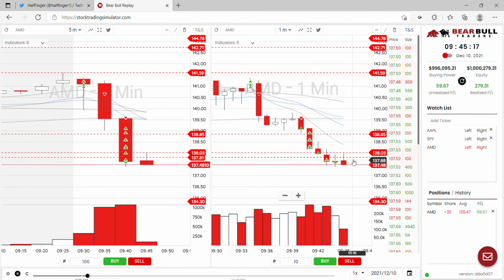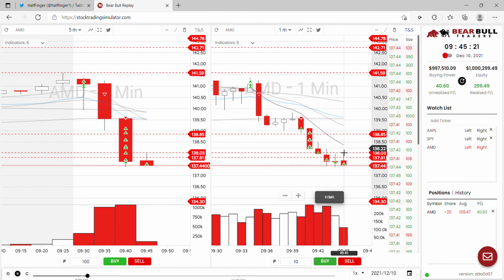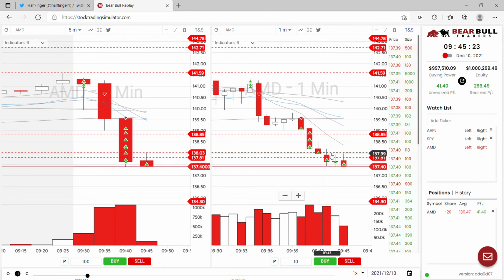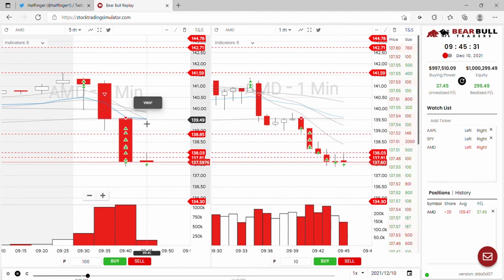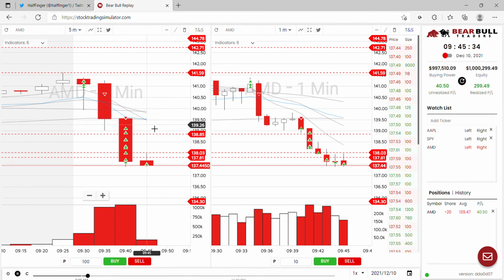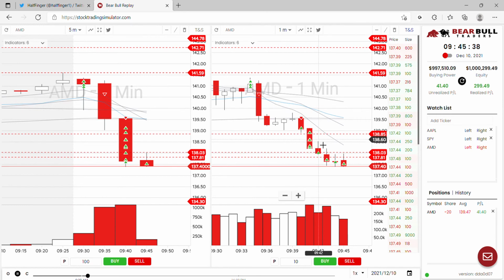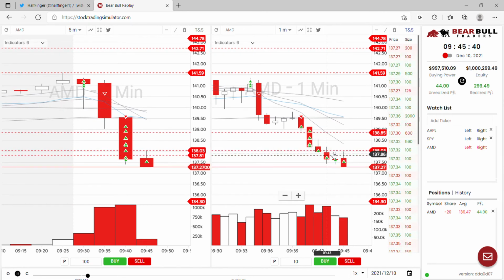So now we're below the previous day's close and yesterday's low. And we're pretty far away from the moving averages and the VWAP on the 5-minute, and kind of far away on the 1-minute as well.